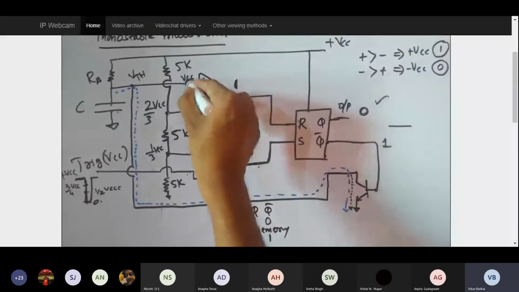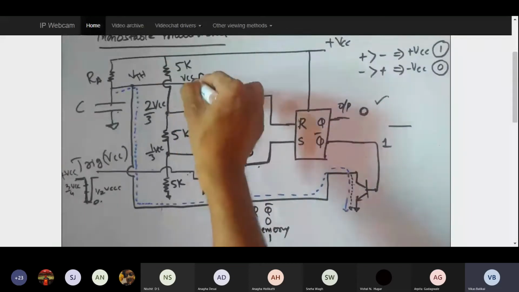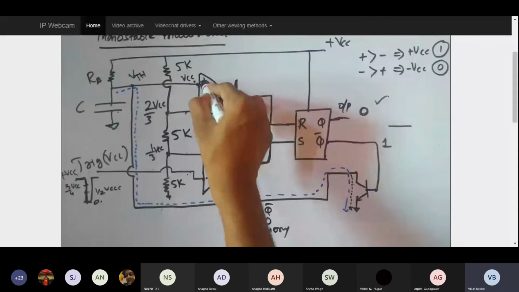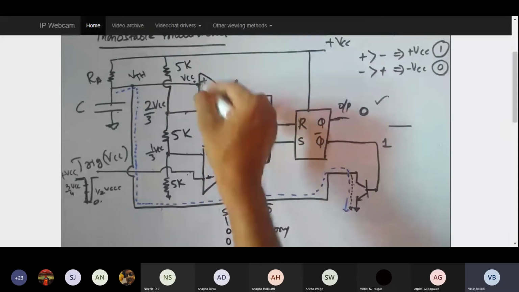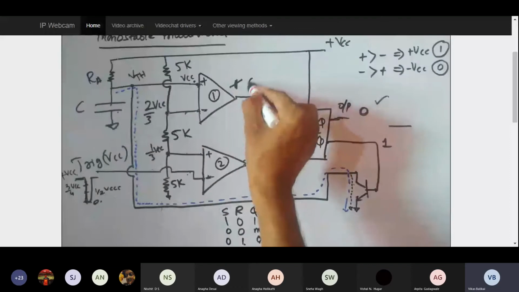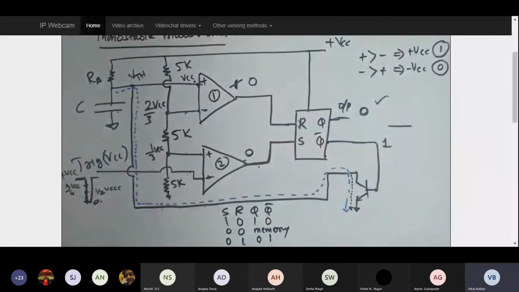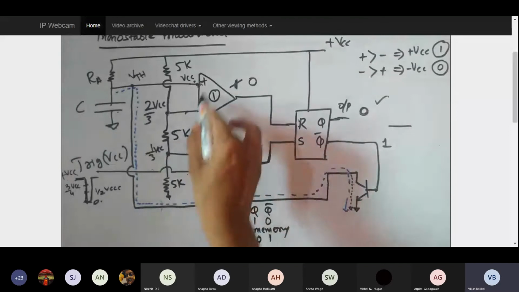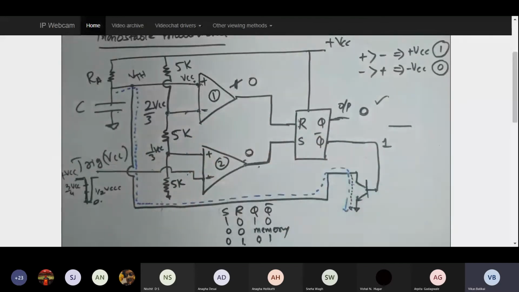When will it become less than this? The negative terminal is at a higher potential than the positive terminal. Under this scenario, the comparator will throw a value of 0 because this is at the highest potential. So the comparator output will be tied to minus VCC. Minus VCC tied means it is logic 0.